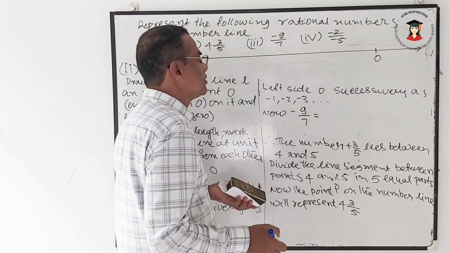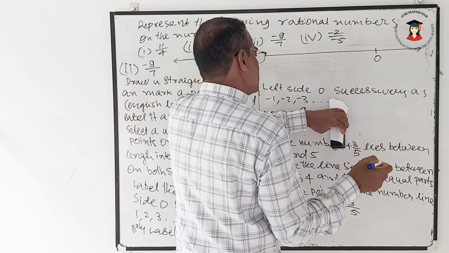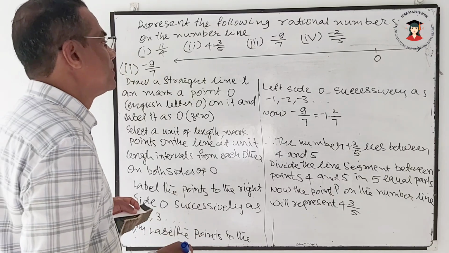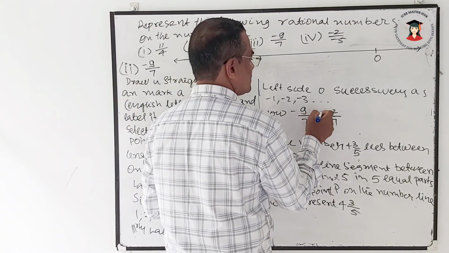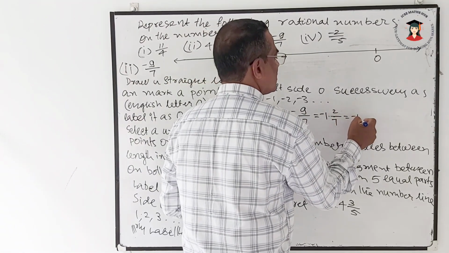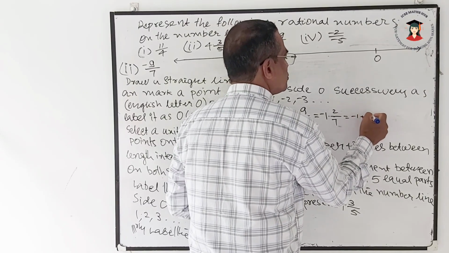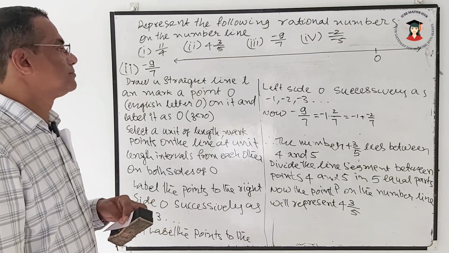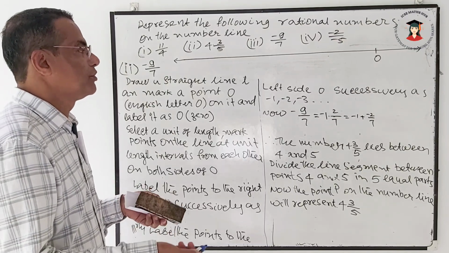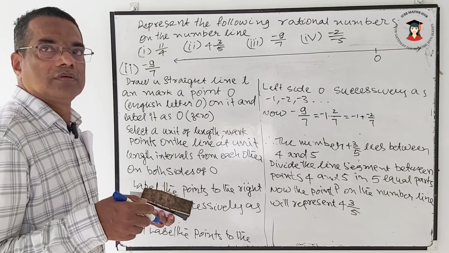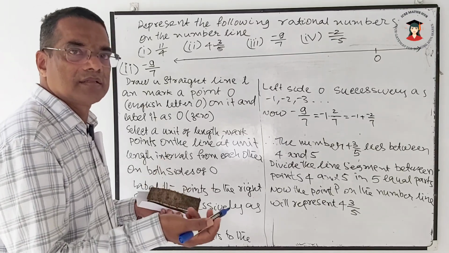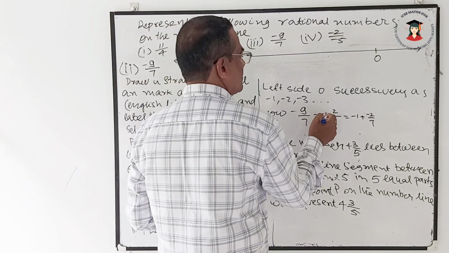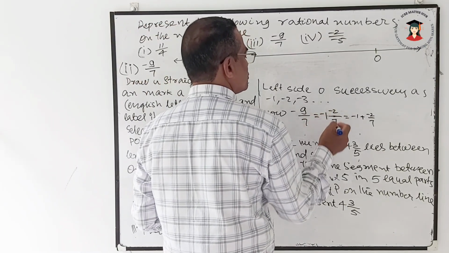Minus 9 by 7 equal to minus 1 and minus 2 by 7. That means minus 1 plus minus 2 by 7. We are adding two negative quantities. So we will add those numbers and put a common negative sign.